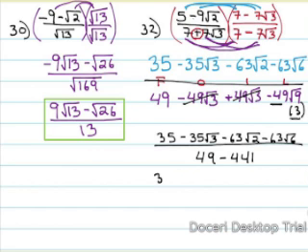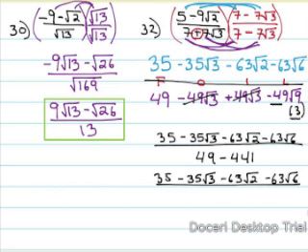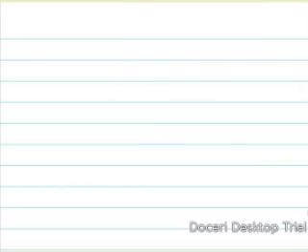So we're going to have 35 minus 35 radical 3 minus 63 radical 2 minus 63 radical 6 all over 392, because 49 minus 441 gives us that 392.